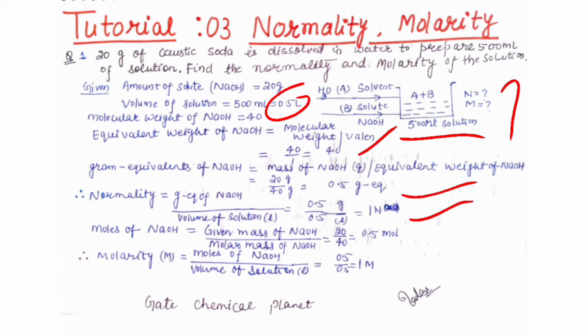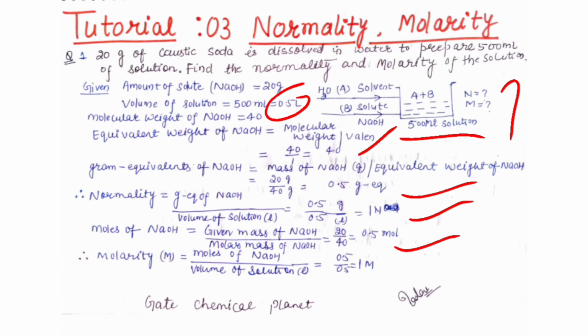For calculating the molarity, we need the moles of NaOH. Moles of NaOH equals the given mass of NaOH, 20 grams, divided by the molar mass of NaOH, which gives 0.5 gram moles of NaOH.